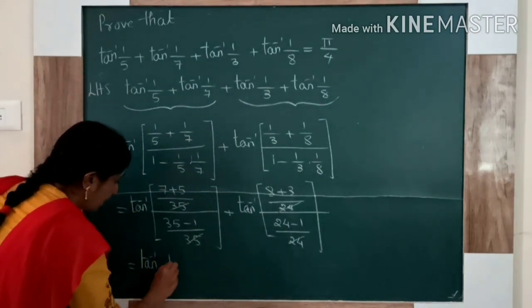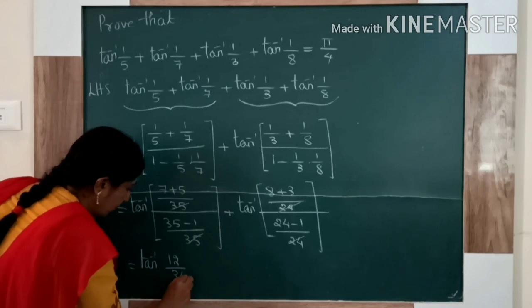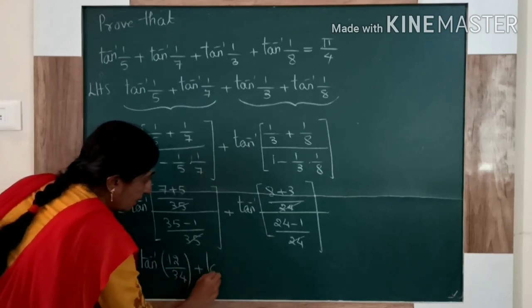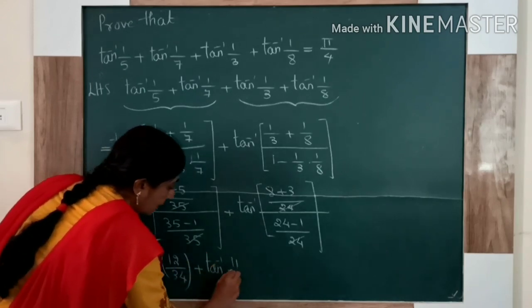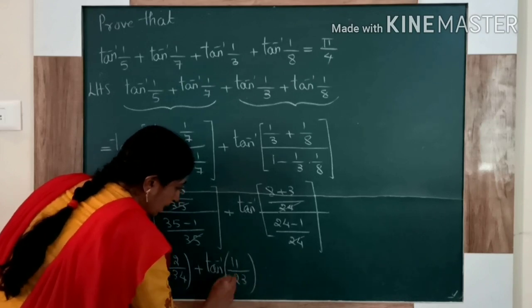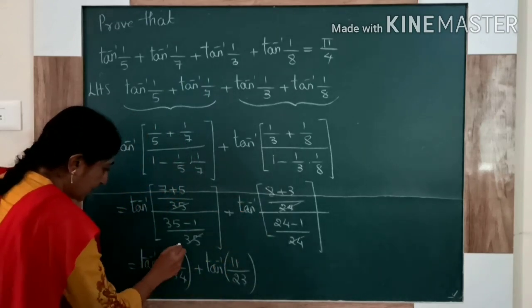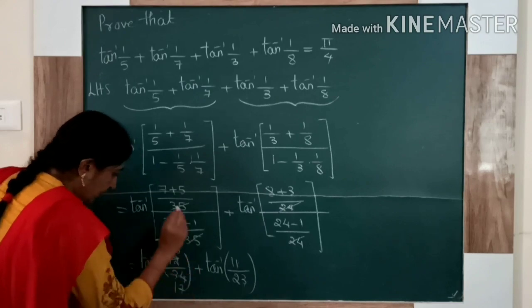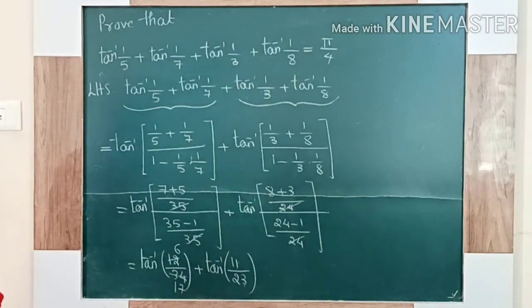Tan inverse 12 upon 34 plus tan inverse 11 upon 23. Here there is no cancellation, but here you can cancel: tan inverse 6 upon 17 plus tan inverse 11 upon 23.